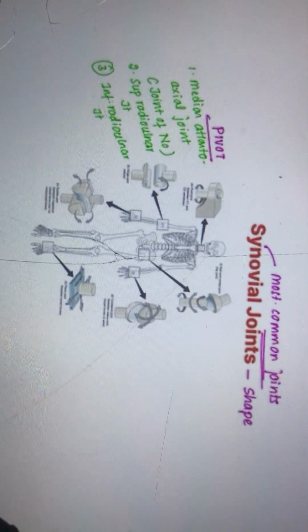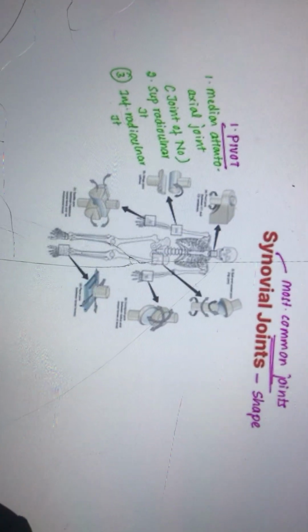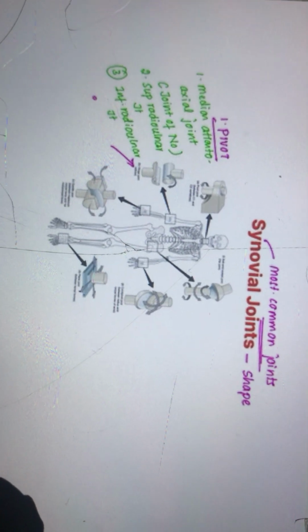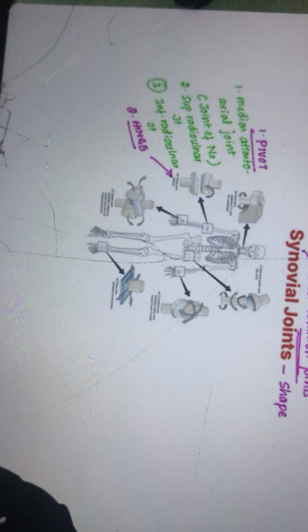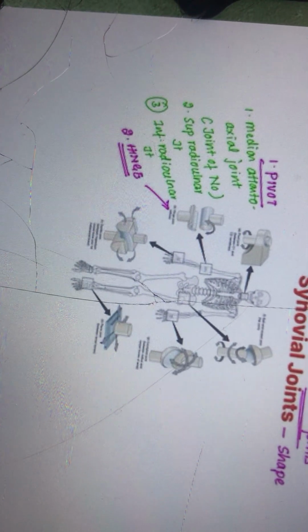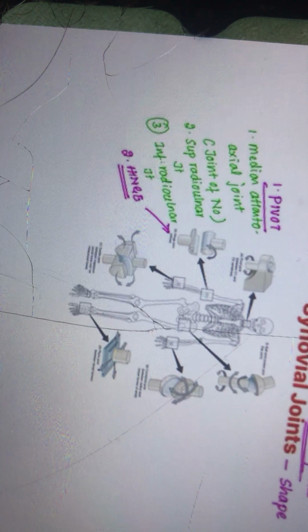Right. Then, the second type of joint we have is the hinge joint. Now, what exactly is a hinge joint? Remember or compare the door to the hinge to which it is attached. Right? You can move it in only one direction.